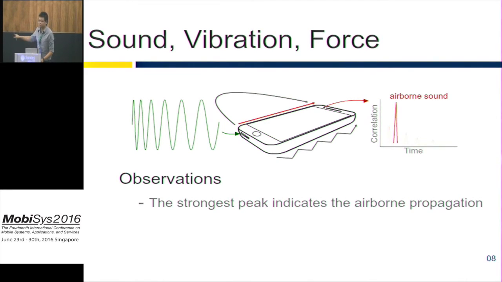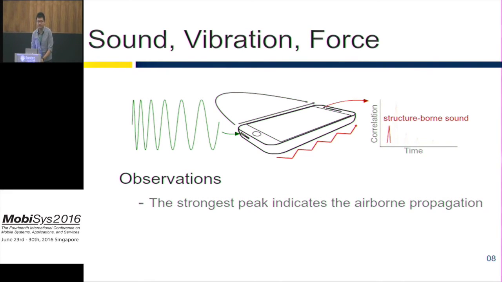The first observation is that the strongest peak is usually the airborne propagation sound, because that goes the direct path, the shortest path, and also loses less energy in the air. The following peaks should be the echoes of the environment, like this sound bounced by the ceiling, bounced by the floor, and received by your phone. Those sounds are not of interest to our system. The sound we are interested in is the sound ahead of the airborne propagation.